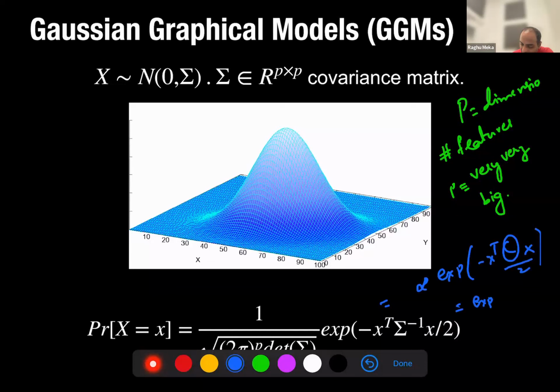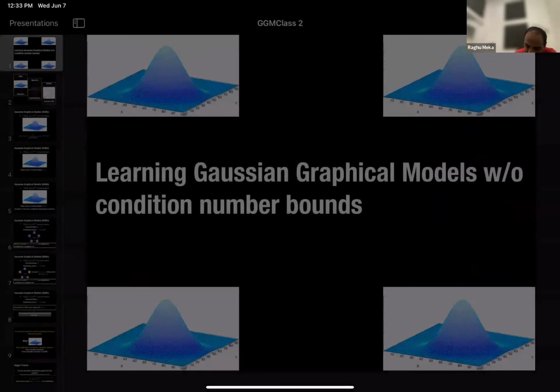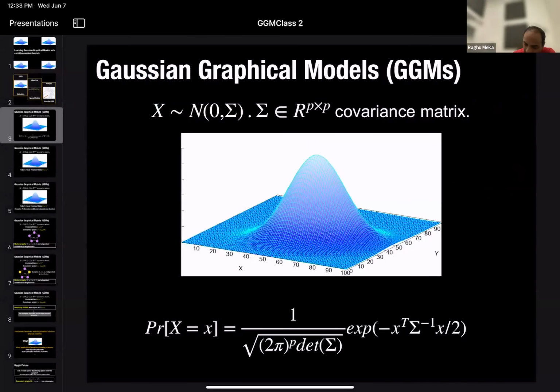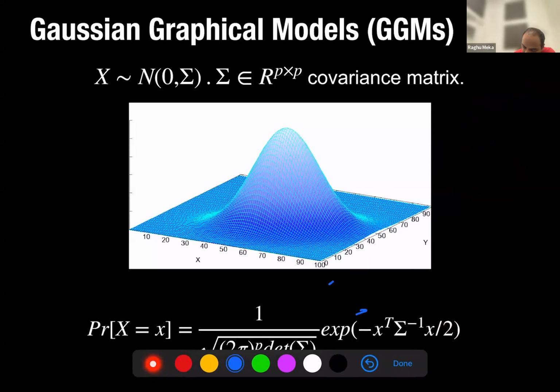I can write this as exp of summation i, j, xi times xj times theta ij. So you can see that in the exponent, you have this theta ij showing up.